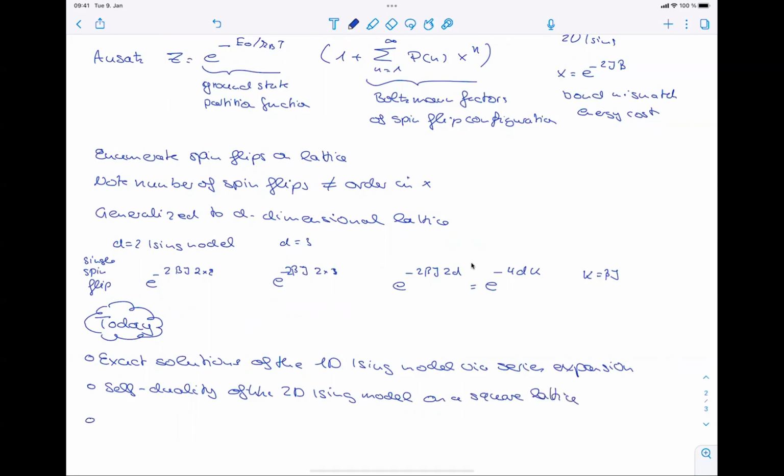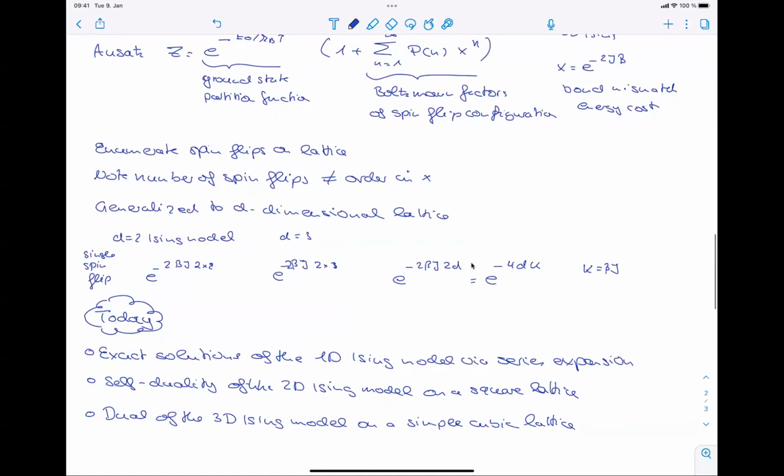And maybe, or maybe not, we'll see, we'll talk about the dual of the 3D Ising model on a simple cubic lattice. So that's basically all looking into applications of the low and high temperature series expansion.